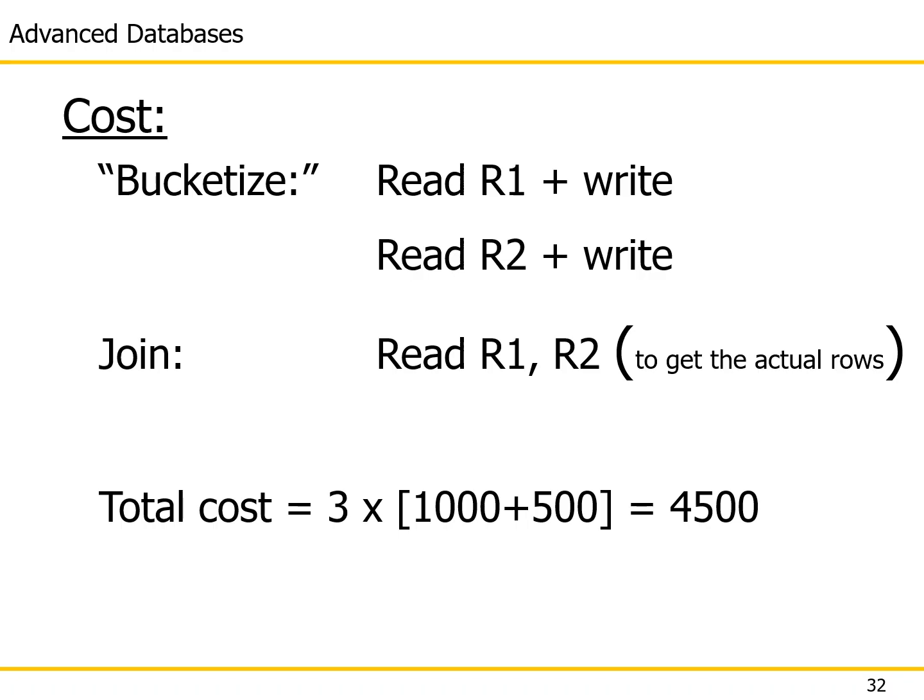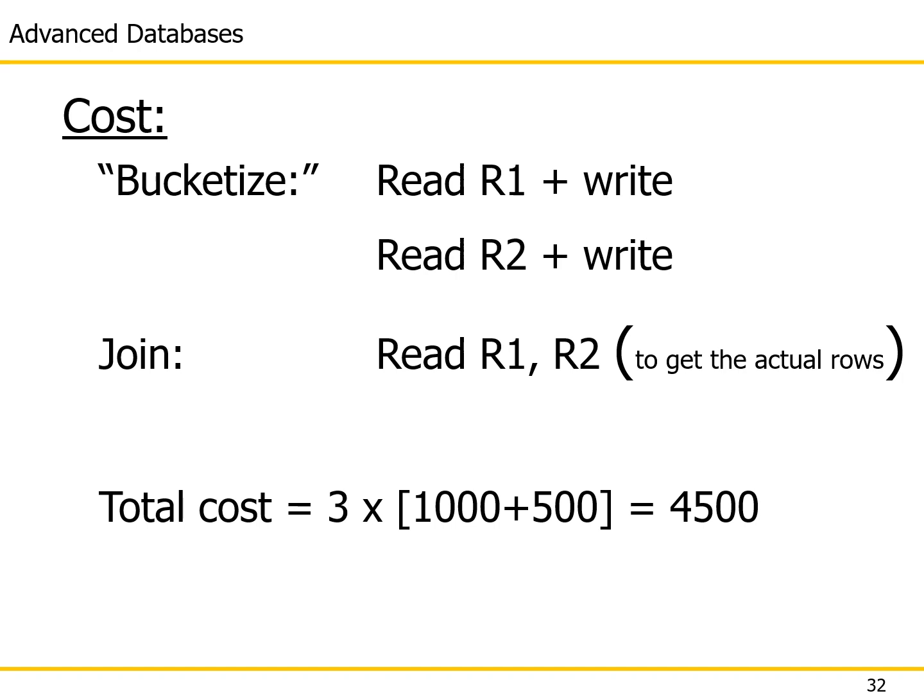And when we find a match, let's say 20 in the R1 bucket and 20 in the R2 bucket, we need to go and read the page that has the 20 in R1 and the page that has the matching row in R2. So I'm going back to the tables on disk for R1 and R2 to get the actual rows that I will include in my result set. So that's an additional I/O.